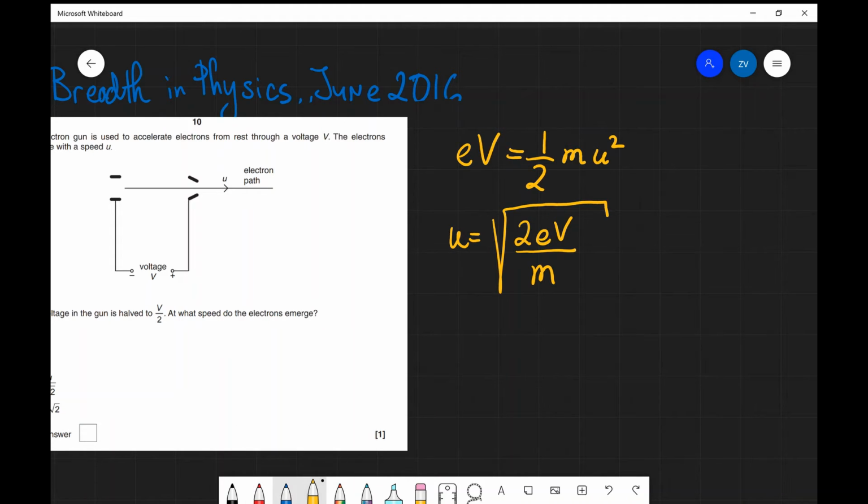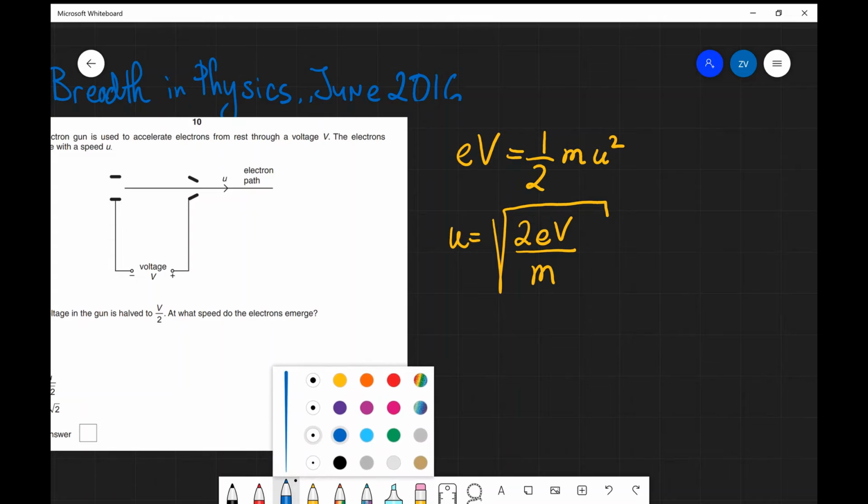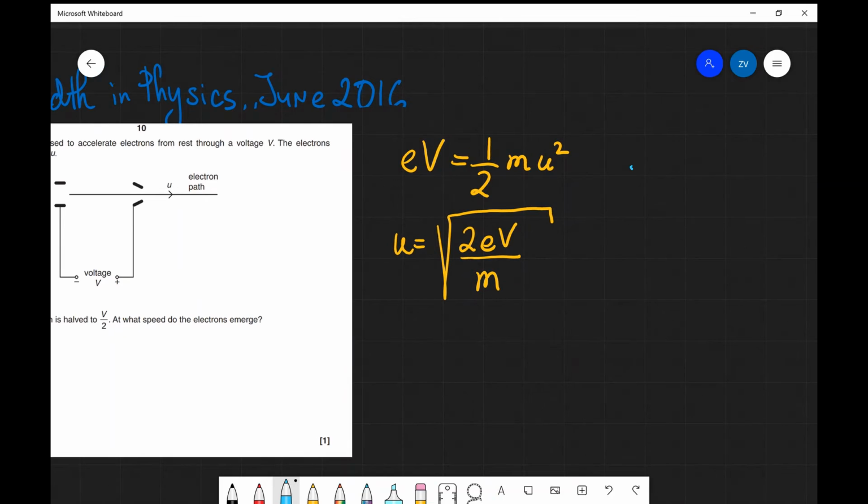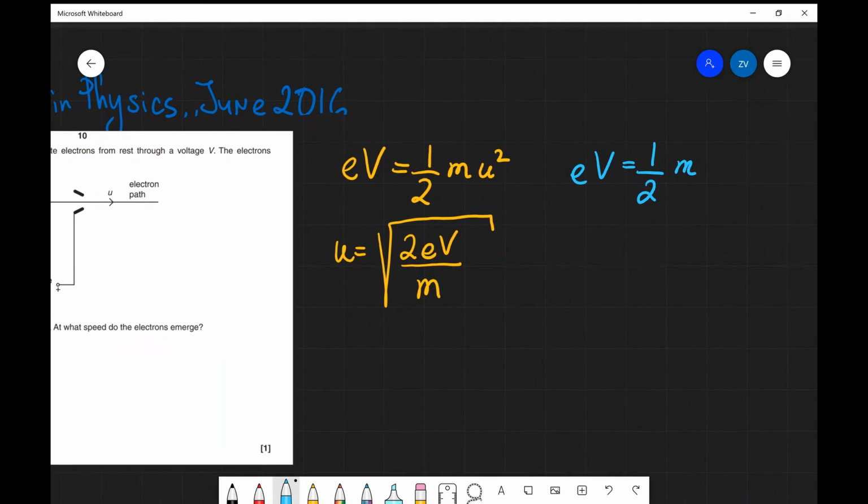So I'm just going to do that on the side over here, with a different color pen, and I'm going to use the same equation. I'm going to say that eV is equal to a half m. Rather than u this time, I'm going to call the speed v squared. And because I'm halving the voltage, I'm going to add a factor of V over 2.